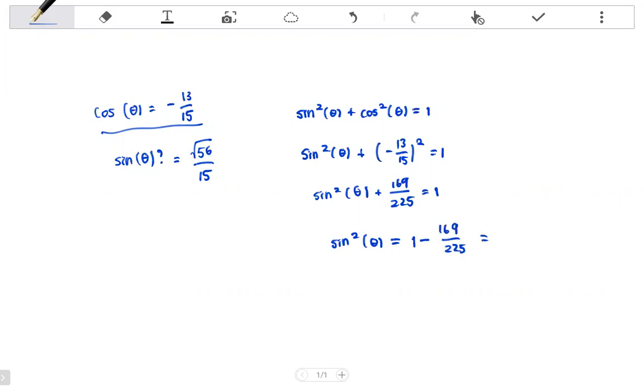Or if we rewrite that, that's going to be 56 over 225, right? And we want to get rid of the squared. So we put a radical over both sides, leaving sine theta is plus or minus square root of 56 over 225.